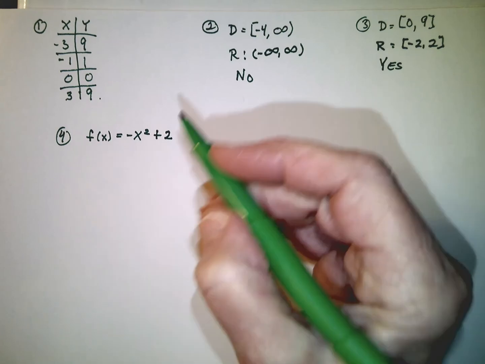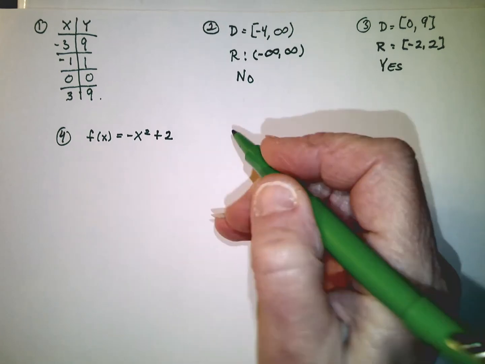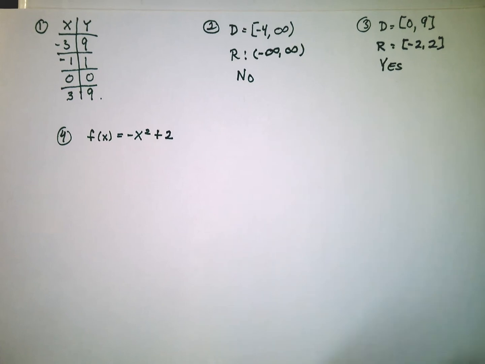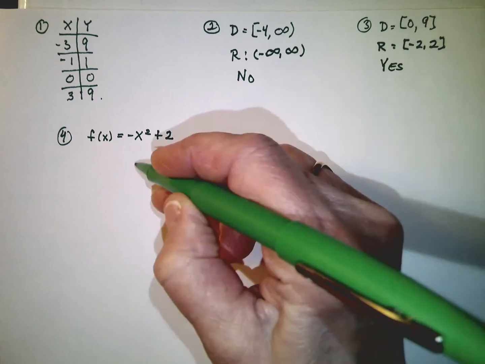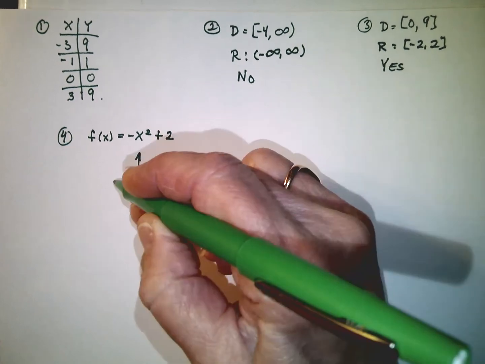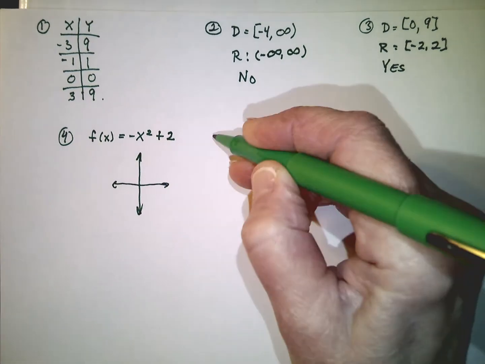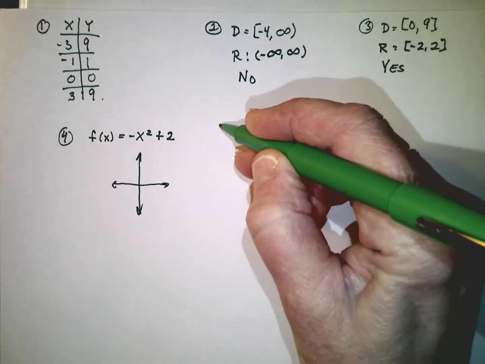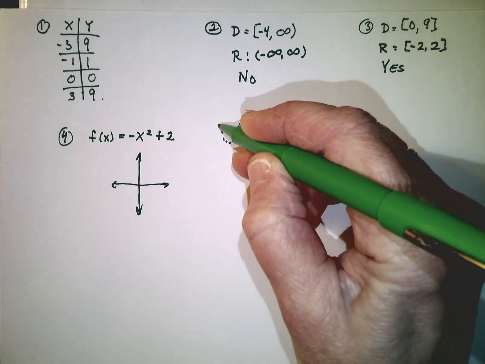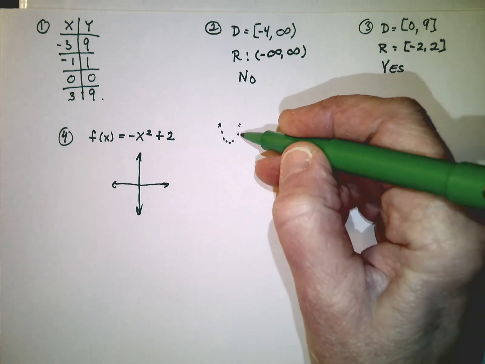So number 4 just gave us the equation. I'm hoping you could make a graph of your own. That would make it easier. So the parent function is going to be y = x², but a couple of things happened to it.